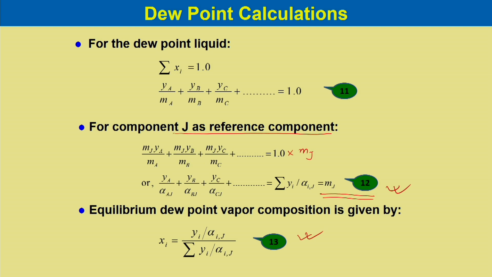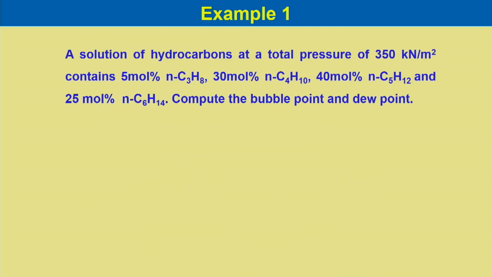So, for bubble point and dew point, we know the equilibrium composition, vapor and liquid composition calculation, and also we know how to calculate the distribution coefficient. So, now we will proceed with an example to see how to calculate bubble point and dew point.